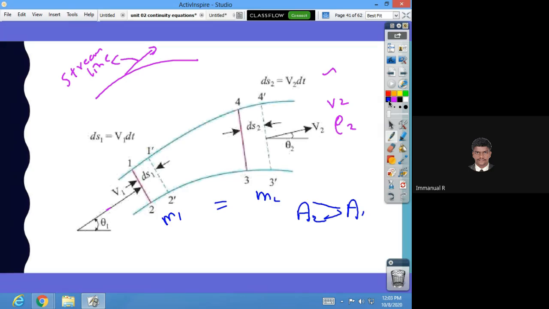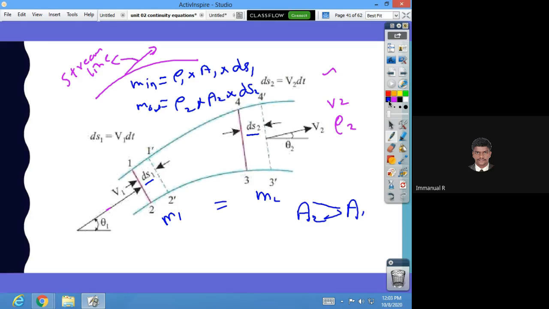This will be equal as per the continuity equation. So for the mass, how can I find it? From the property density: density into area, that is A1, into distance, that is this distance ds1, and this distance ds2. So rho 1 A1 ds1 at the inlet and rho 2 A2 ds2 at the outlet. Okay, so this is m in and m out.